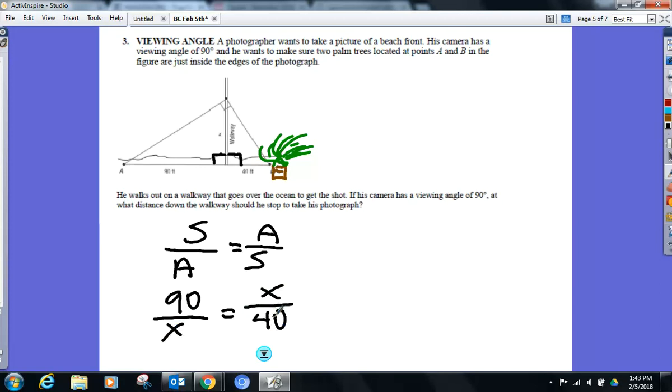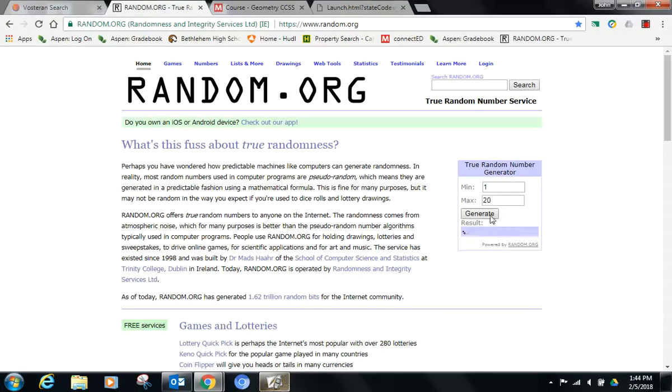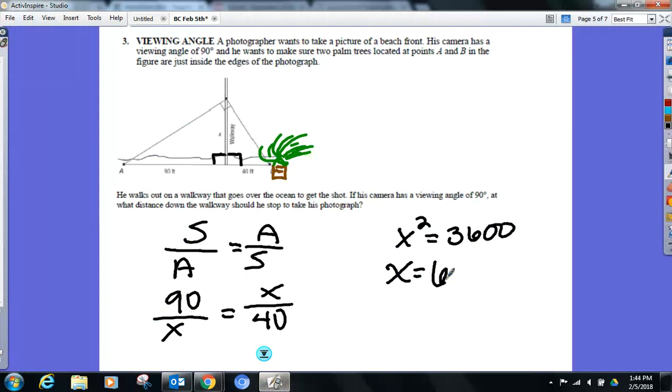So how far does Big Al have to walk out? 60. And thank you for using units. That's what I'm expecting in your answer if the problem has units. 60 feet.